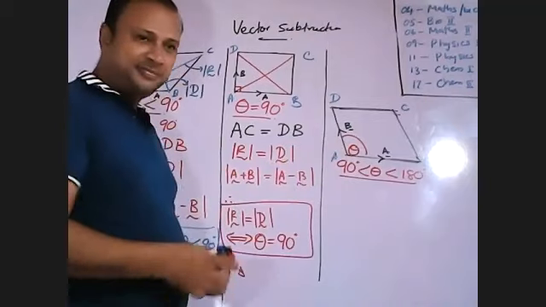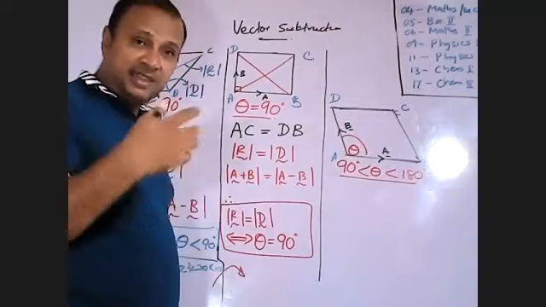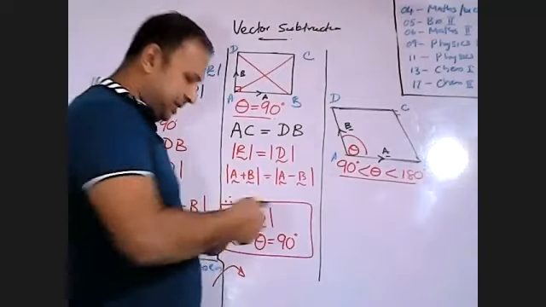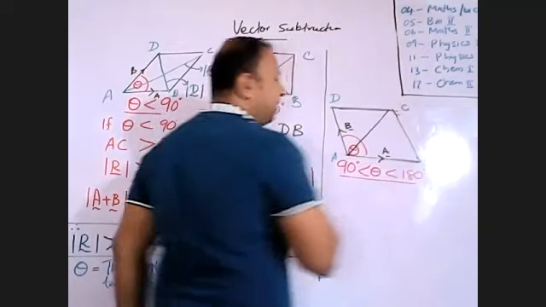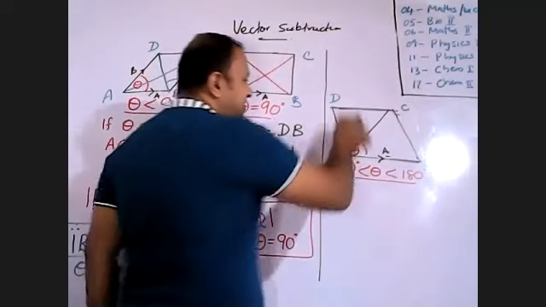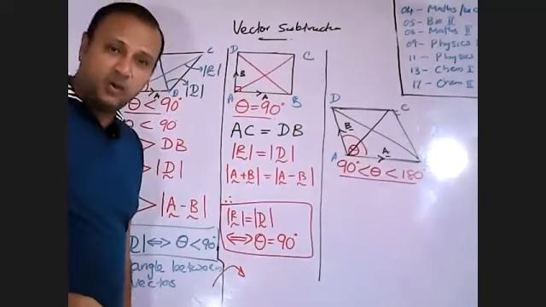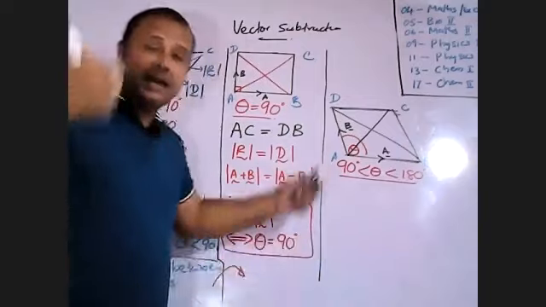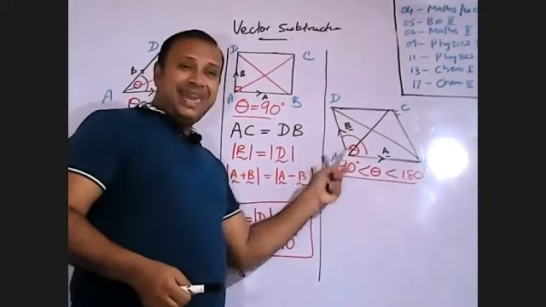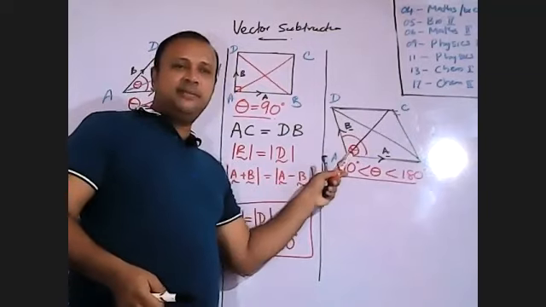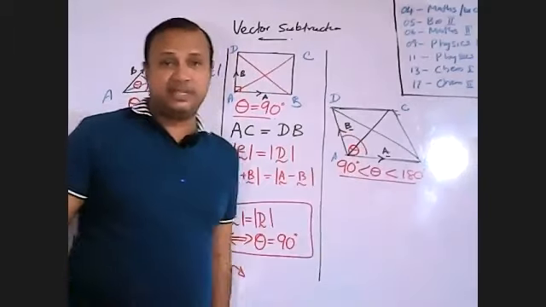Look at this one. If theta is an obtuse angle, that means it is greater than 90 but lesser than 180. You clearly see this is the shorter diagonal and this is the longer diagonal. AC is the shorter diagonal and BD is the longer diagonal. AC means the magnitude of resultant vector. BD means the magnitude of difference.